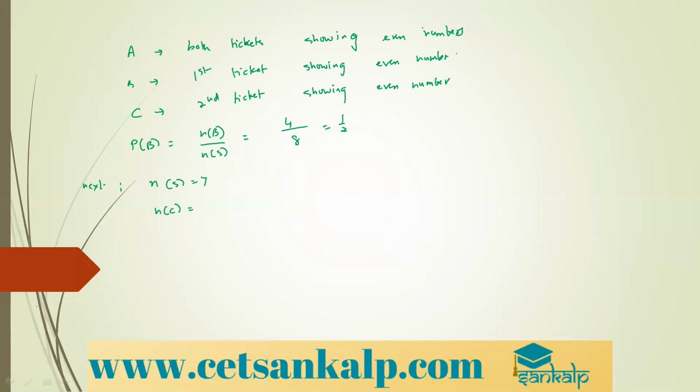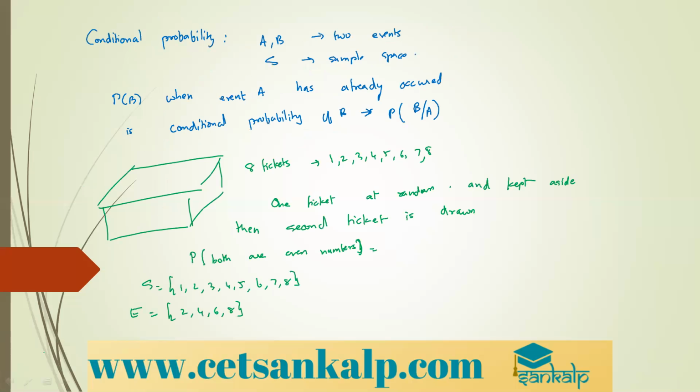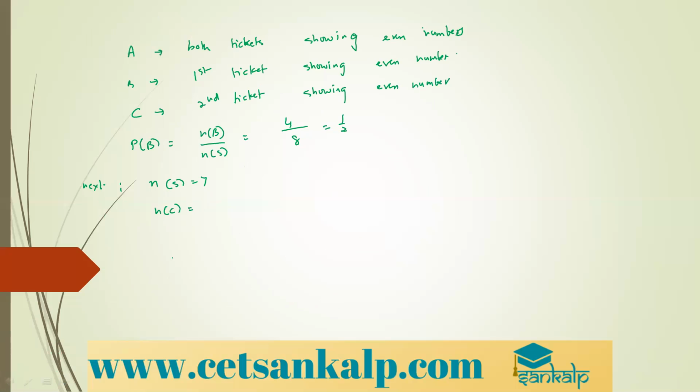Total, how many even numbers are there? 2, 4, 6, 8. 4 even numbers are there. But now, only 3 even numbers will be there. Right?